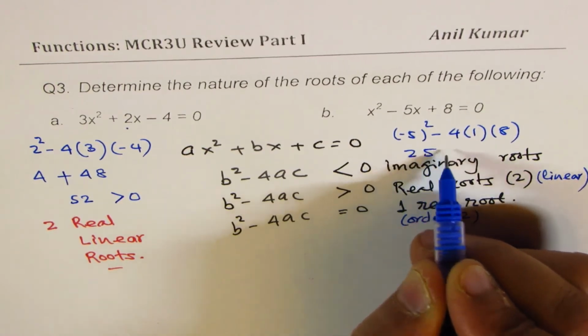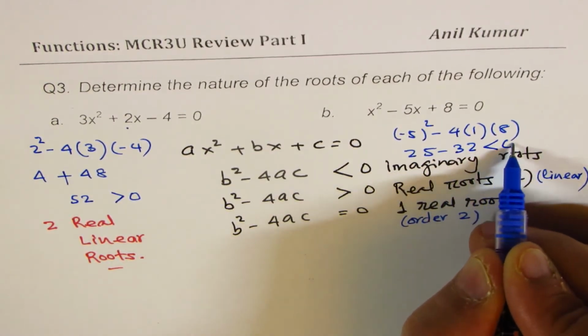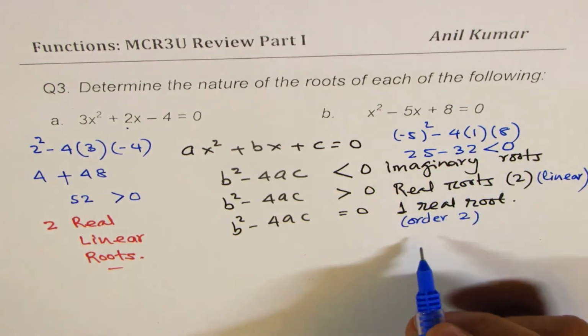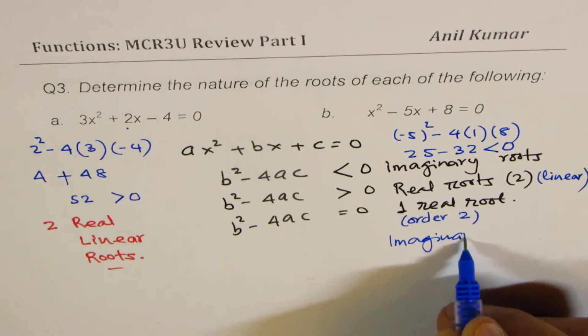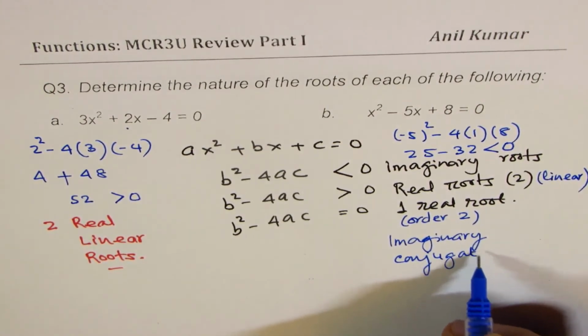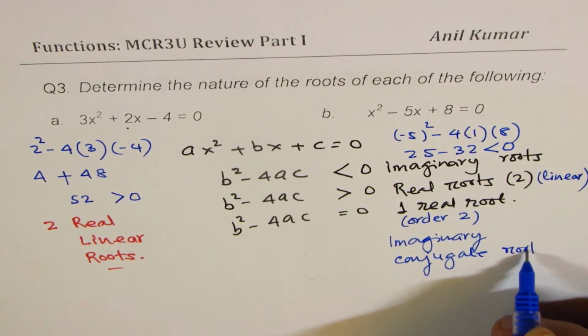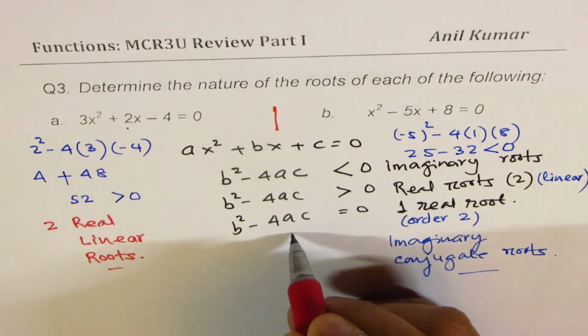So we get 25 minus 32. Now this is definitely less than 0, and therefore in this case we have imaginary conjugate roots. Correct? So that is how you can actually describe the nature of roots.